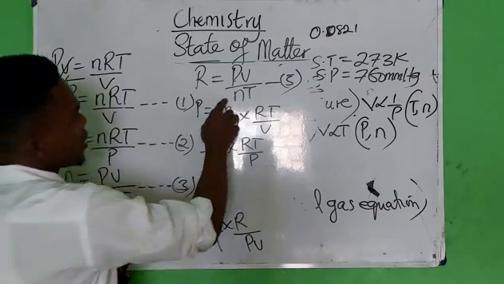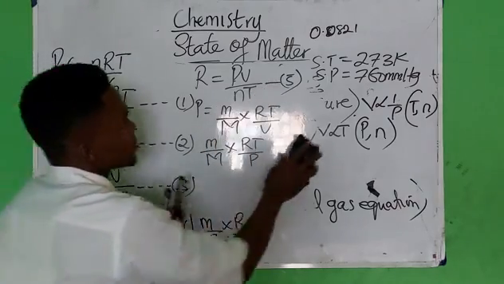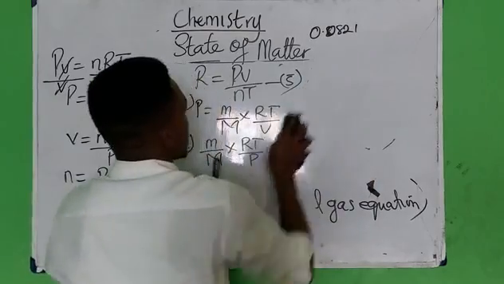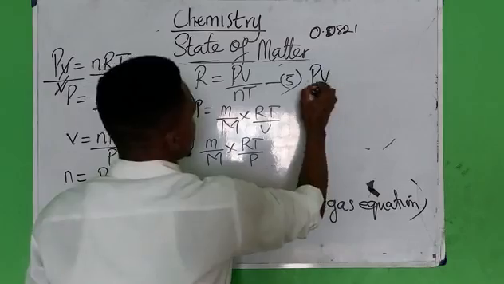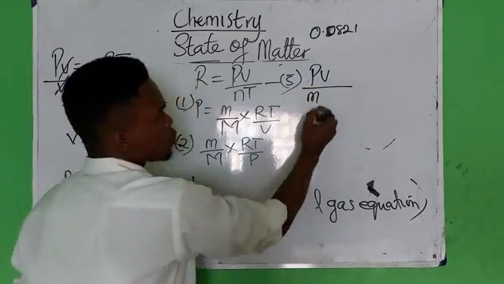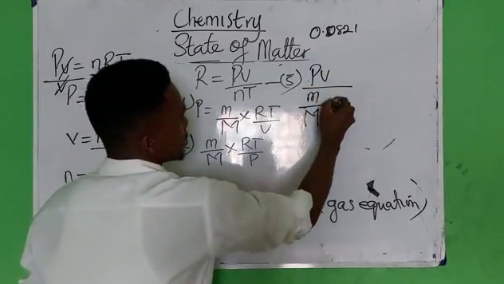You can also express this as PV over mass over molar mass times T.